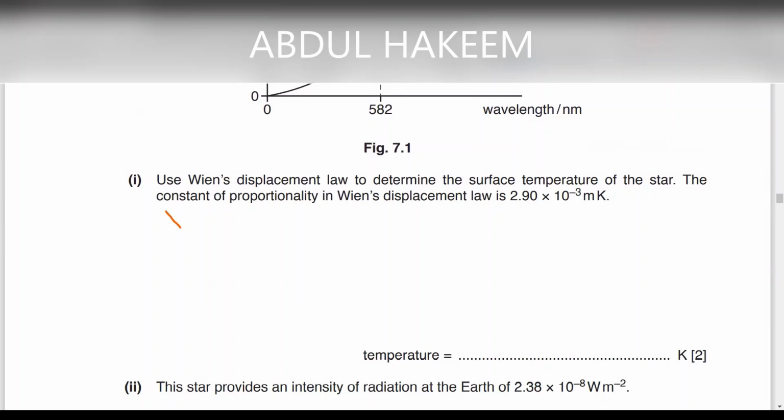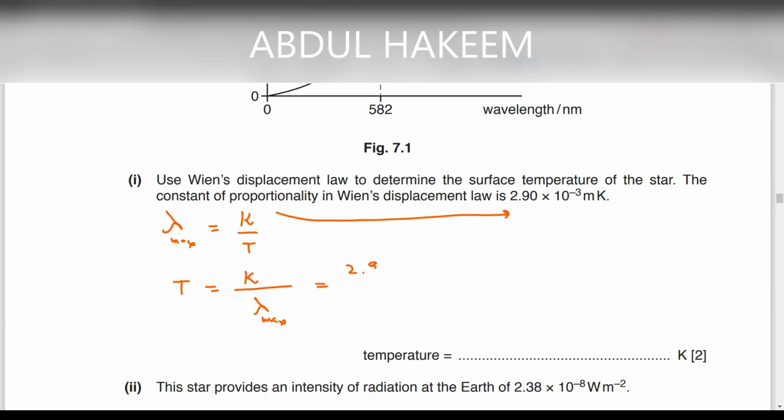So look, the maximum wavelength is equal to the constant divided by temperature, and this constant is given here. So we have to calculate the temperature. It means the temperature is equal to Wien's displacement constant divided by lambda max.